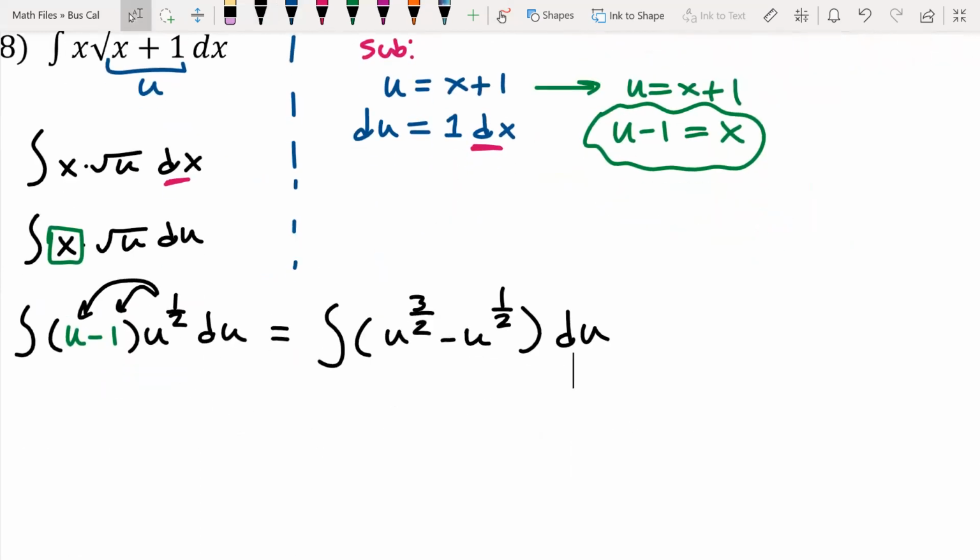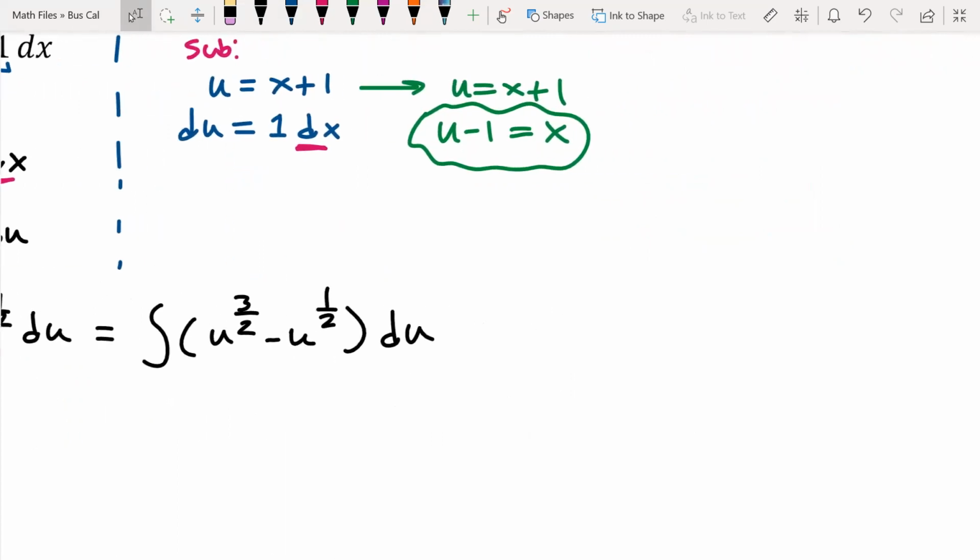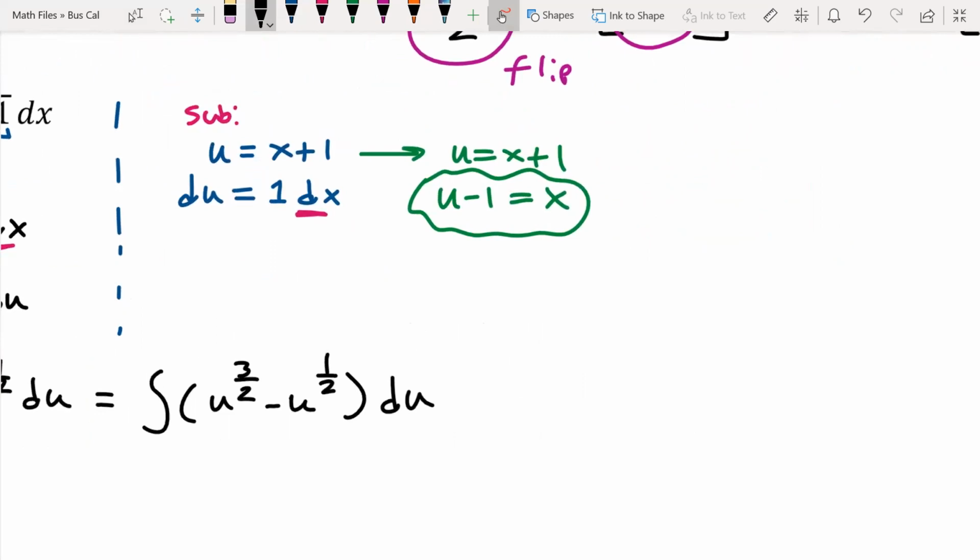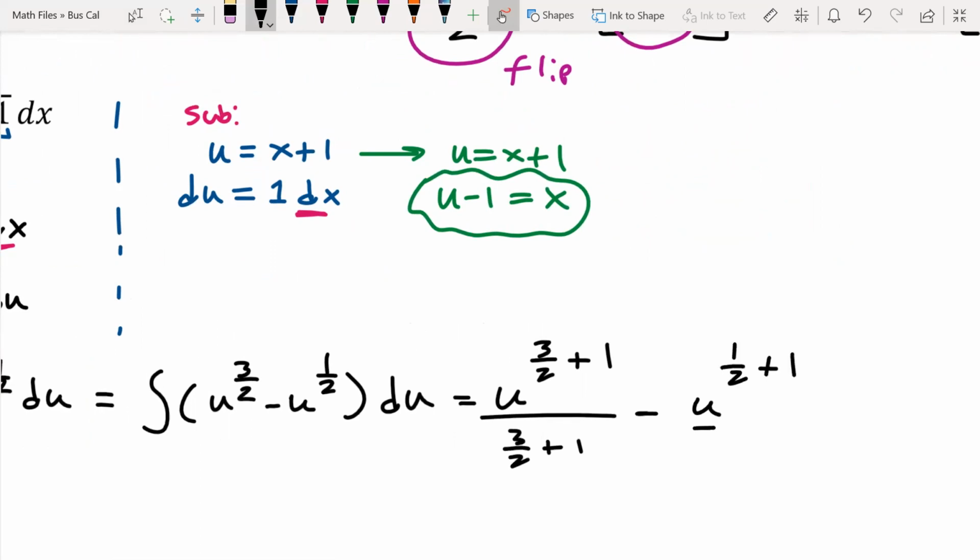Okay. And now this is all set up. We are ready for power rule on both. So this means we're going to get u to the 3/2 plus 1 over 3/2 plus 1 minus u to the 1/2 plus 1 over 1/2 plus 1.